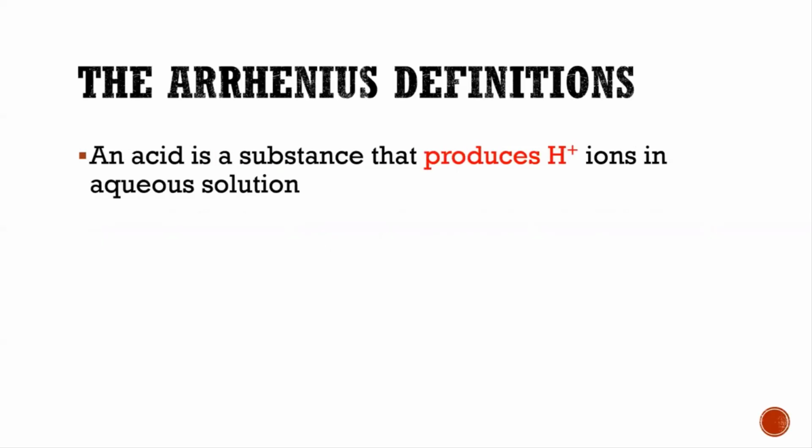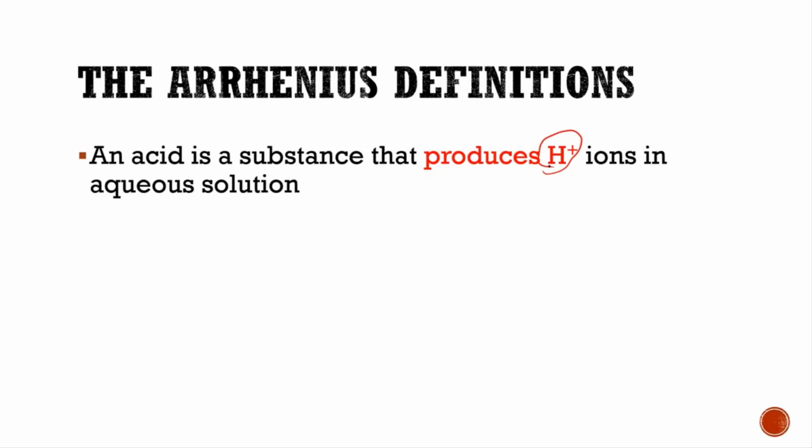So an acid is a substance that essentially produces protons. So we've discussed this in the past. The hydrogen ion essentially is a proton. The reason why it's a proton is the hydrogen atom has a proton in its nucleus and one electron. If you lose an electron, all that's left in the hydrogen is a proton.